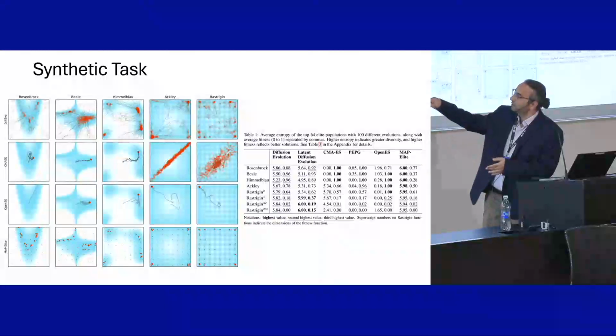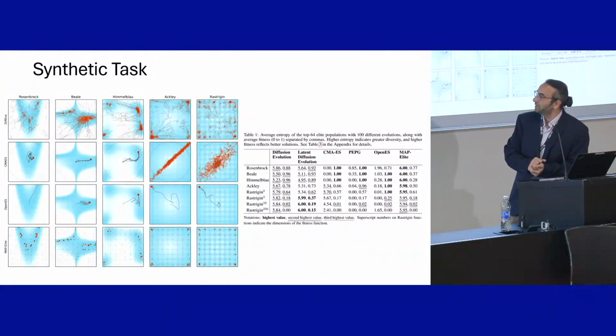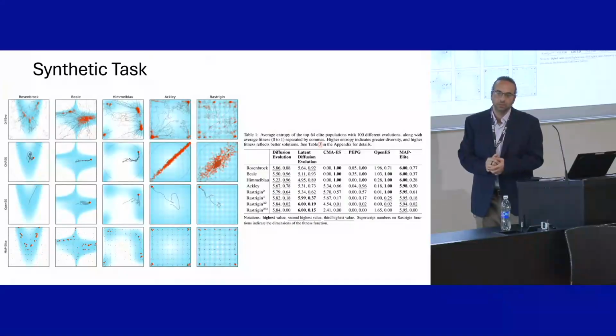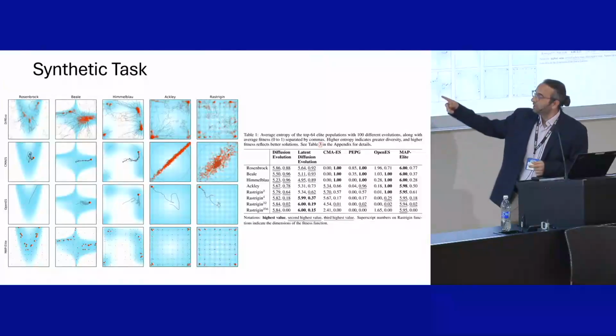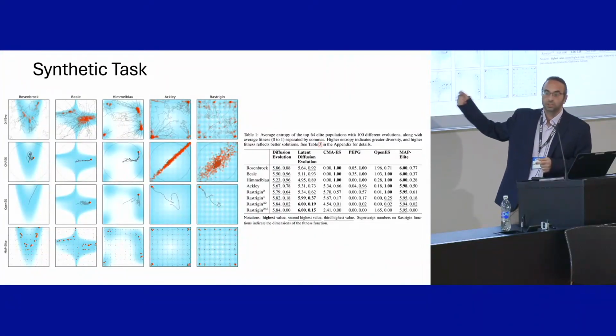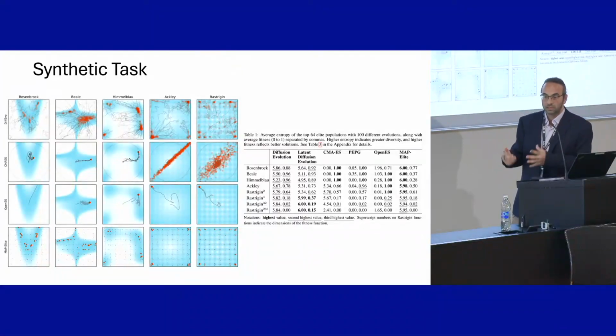But later on, something we call a latent diffusion model actually took the first place. And even more strikingly, as we go to higher and higher dimensions, most of the algorithms start to fail, while ours actually just ramps up. So it seems that this algorithm works very well with higher dimensions.